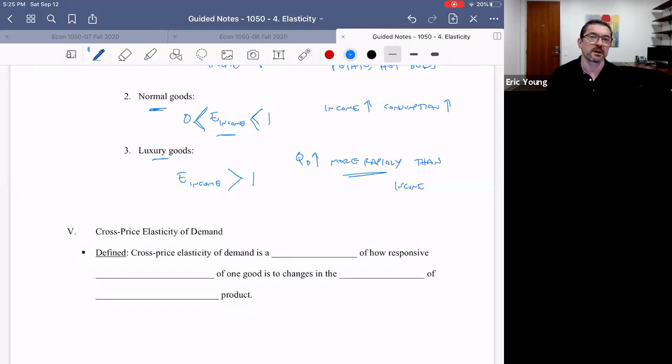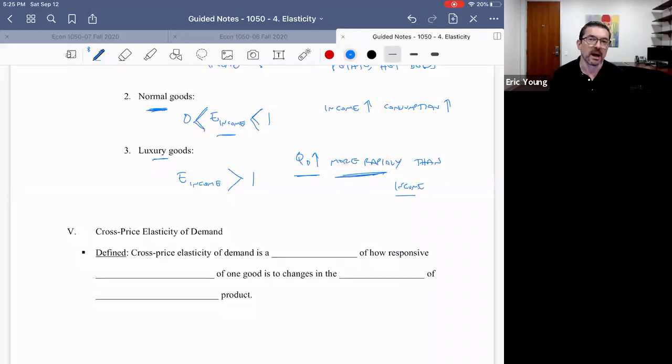We see luxury goods everywhere, whereas new cars would be normal goods. Ferraris and Bugattis are the luxury goods. And again, the big idea here is not just that as you earn more money, you buy more of the item. It's that your quantity demanded, your consumption, is actually increasing more rapidly than your income.